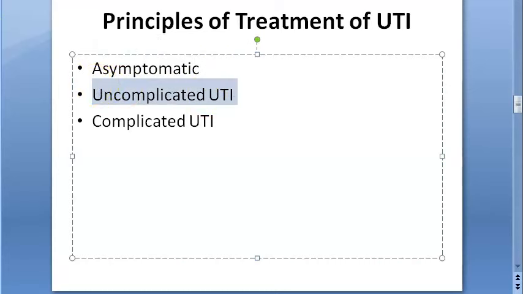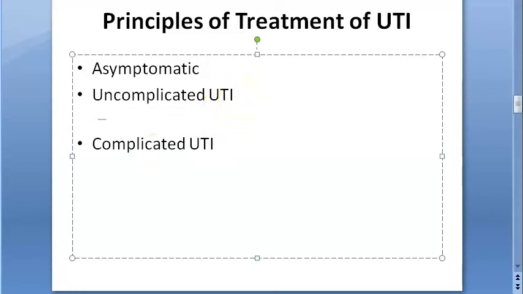In uncomplicated UTI, they are saying that ampicillin, amoxicillin, trimethoprim, sulfamethoxazole, etc. When it comes to complicated UTI, they are talking about gentamicin, tobramycin, ampicillin, ciprofloxacin, etc. So you should understand the drugs. At least you remember this much: trimethoprim plus sulfamethoxazole, ampicillin and amoxicillin.